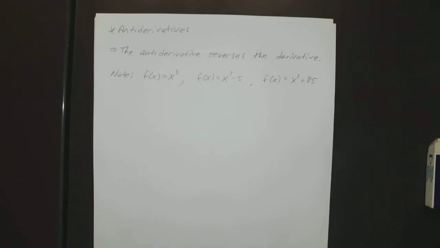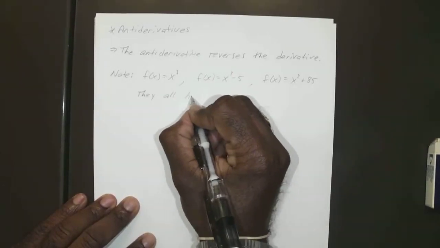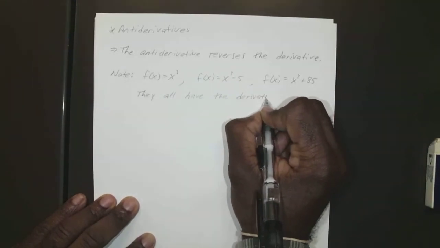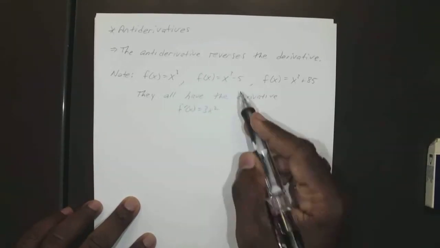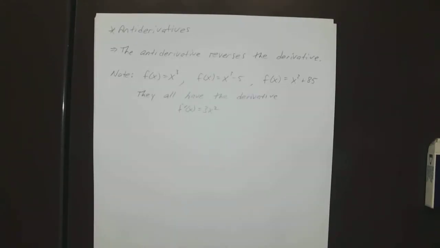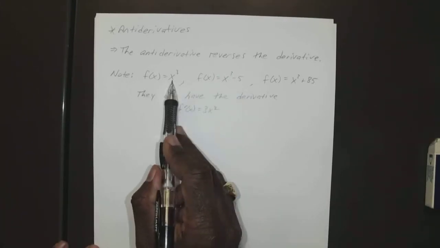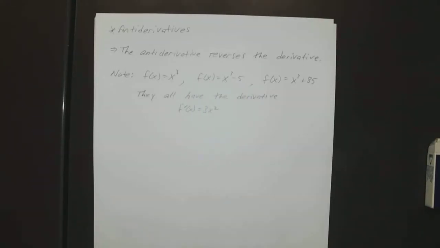All of them have the exact same derivative. f prime of x equals 3x squared. That's because those constants always disappear, no matter what it is. Okay? So if we reverse this, this will just become x to the third power plus some constant c. So you'll always add a plus c whenever you use the antiderivative, because it can always be a constant there, even if the constant is just 0. All right?